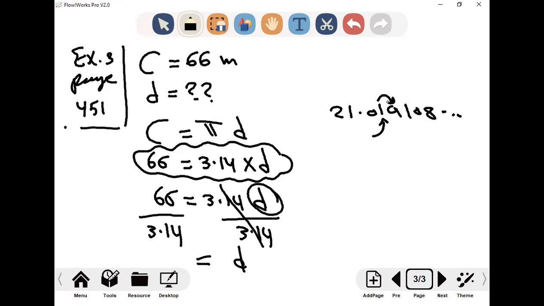After it, it has 9, so the 1 will be what? 2. And I got it. So the answer here for D is how much? 21.02. Done. What's the unit? Meter. So D equals 21.02 meters.